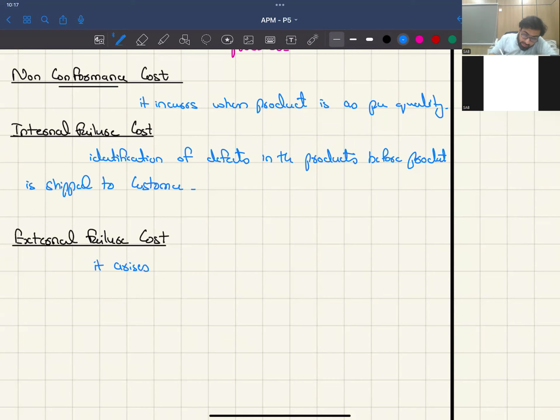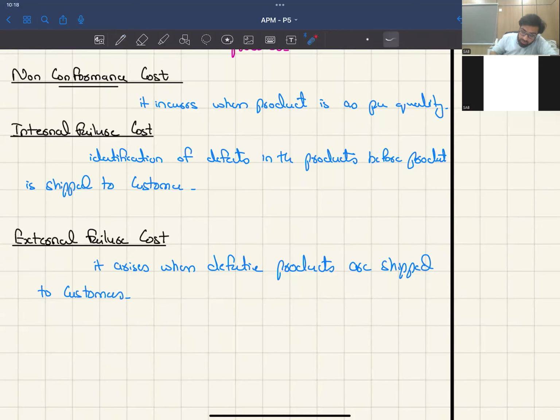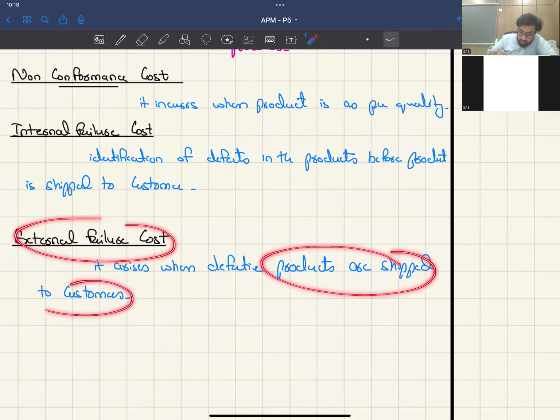It arises when defective products are shipped to customers.